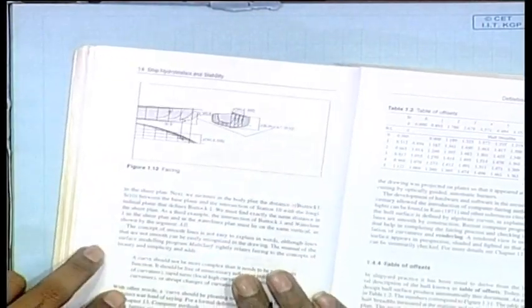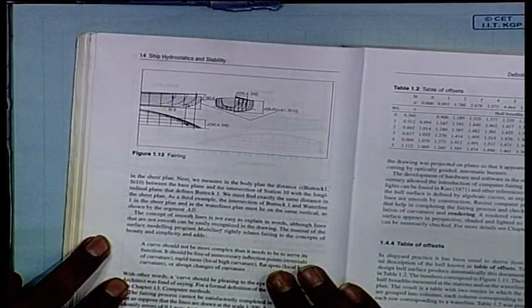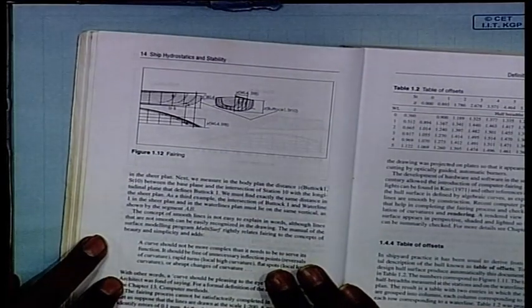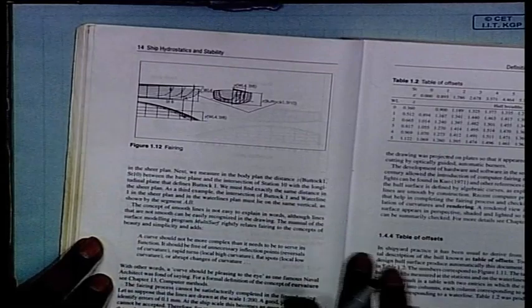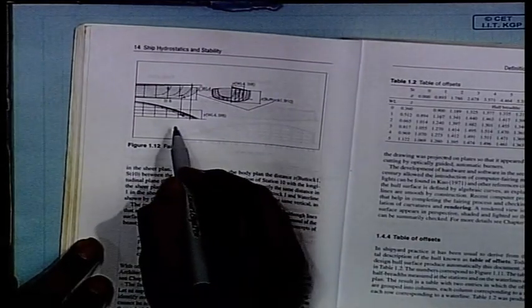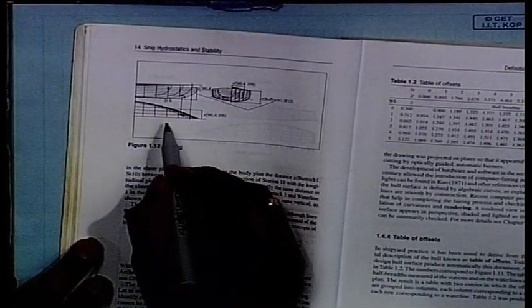What do we mean by accuracy? Let me see if this will come here. Okay, what I am trying to show here is a part of that whole drawing. They have given here the body plan, I mean the half breadth plan, the profile and the body plan.